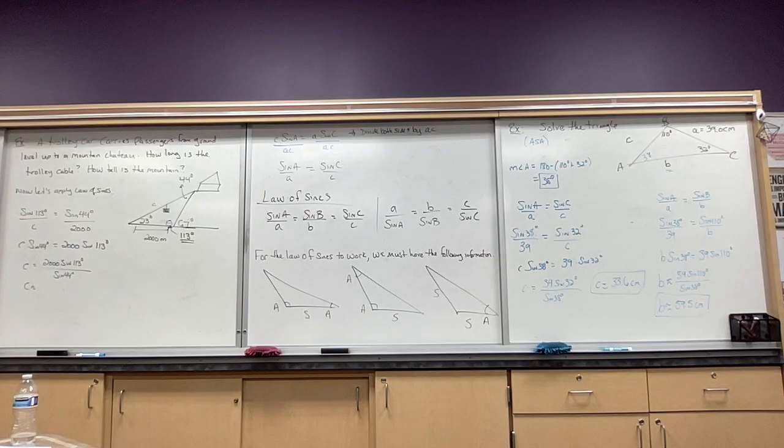And it didn't really say where to round. We'll do the nearest meter, is how we'll run this one. So we're going to get 2,650 meters. So there's the length of the cable car. Okay. Any questions on that so far?